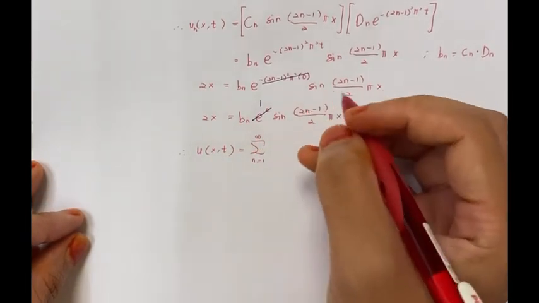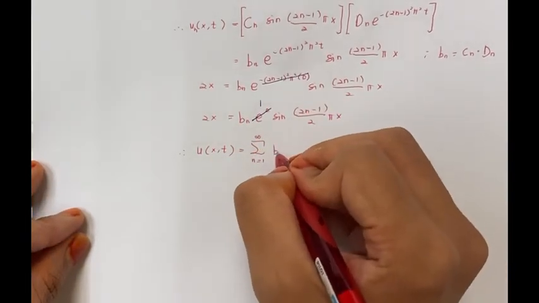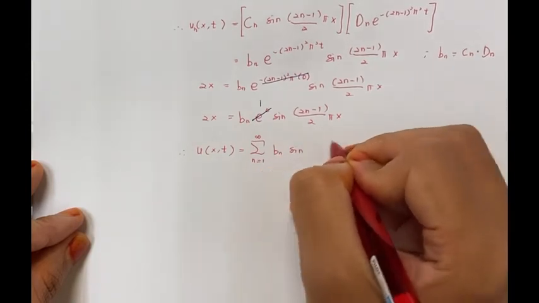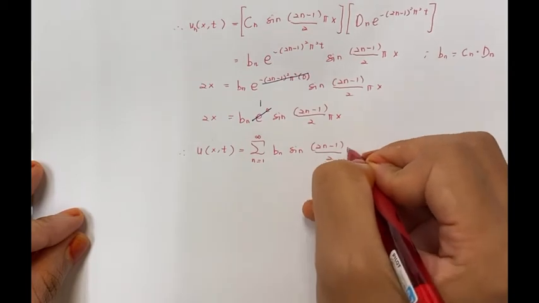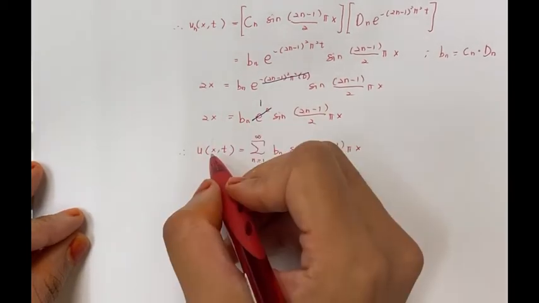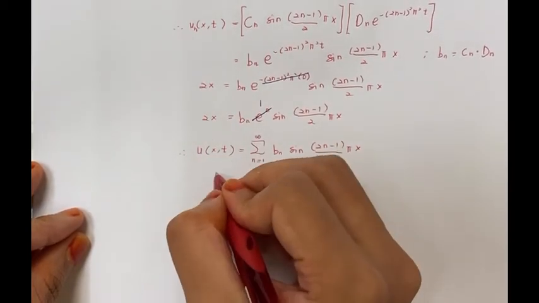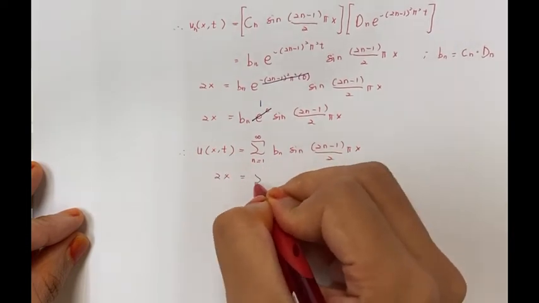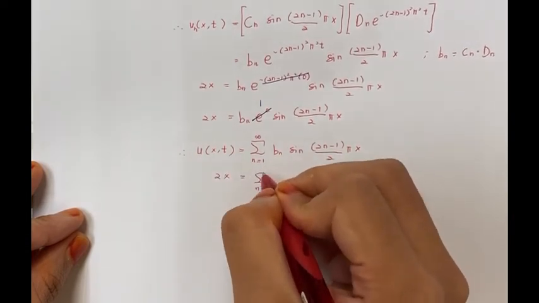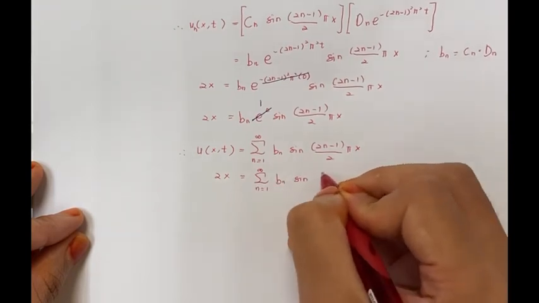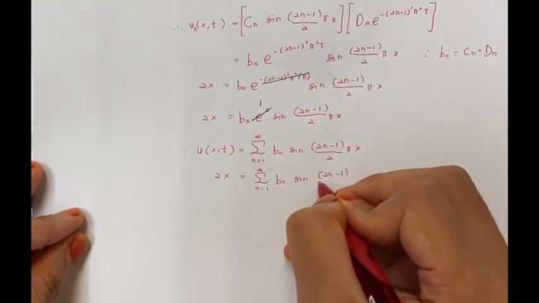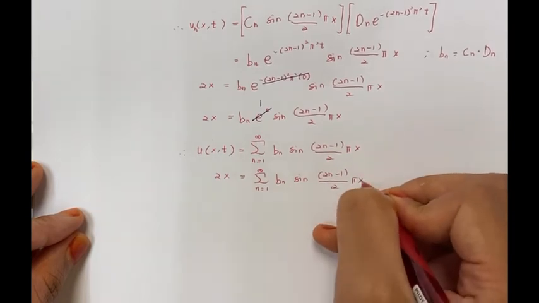Okay, then we have Bn sine (2n minus 1) divided by 2 π x. u(x,0) is equal to 2x. So 2x equal to summation n equal to 1 to infinity Bn sine (2n minus 1) over 2 π x.